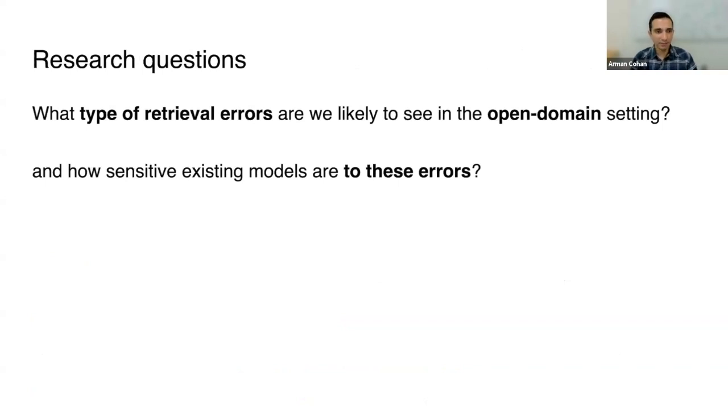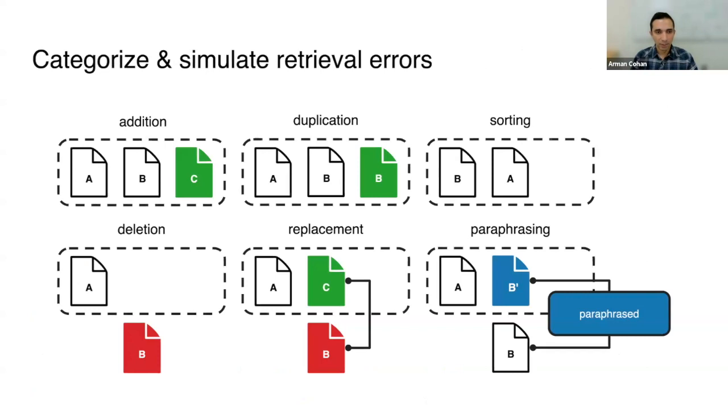And then we try to simulate what type of retrieval errors you would likely see. Our hypothesis was these are the major types of retrieval errors. Assuming that you have a set of gold perfect documents, one retrieval error would be you just add an additional document that is irrelevant.